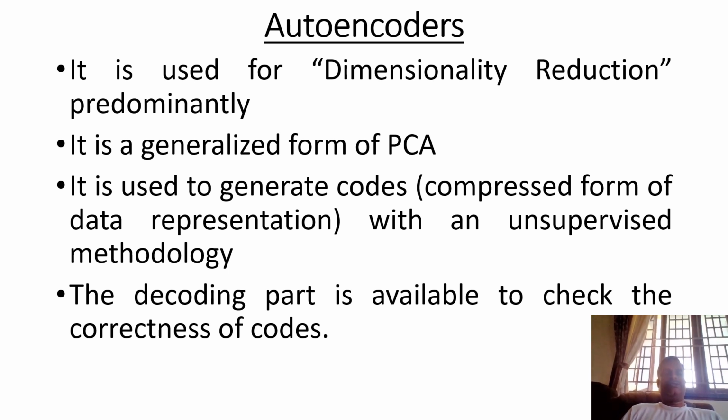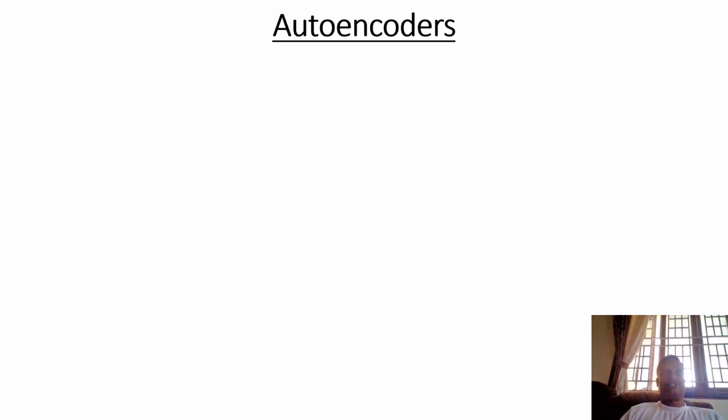Now, when we generate codes, which is equivalent to an encoding process, we also have a decoding part. However, the decoding part is used only to check the correctness of codes, but our output is not exactly obtained from the output layer. Now with this information, let me show you the diagrams.